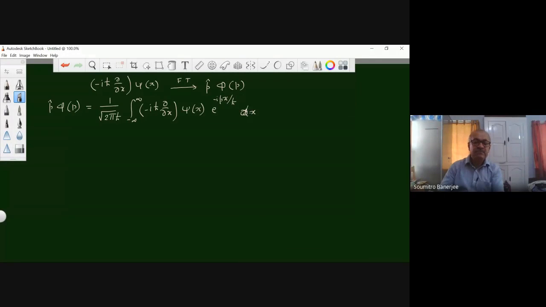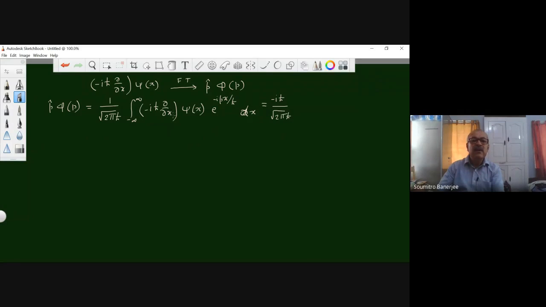This is right here. I'll bring the i h cross up front, minus i h cross. Then I have this, so I'll better write it down. It will be easier for me to write. Minus i h cross divided by root 2 pi h cross.